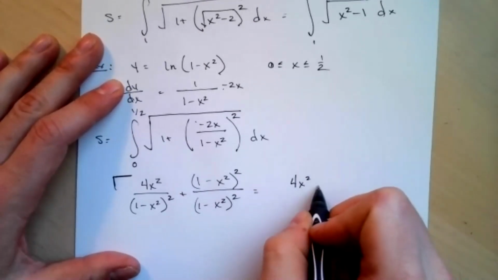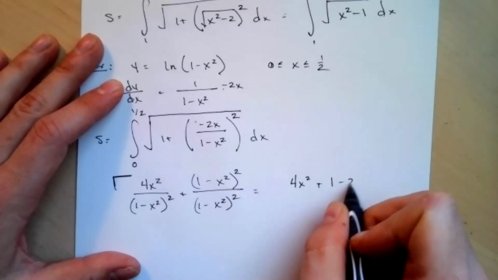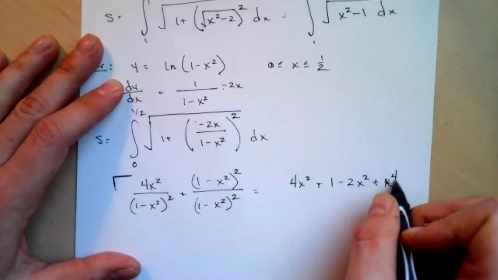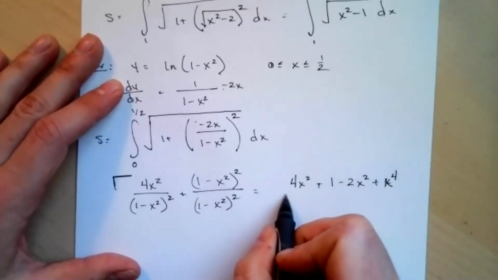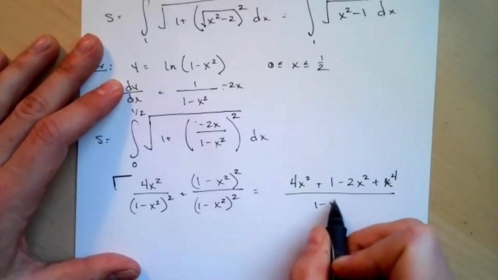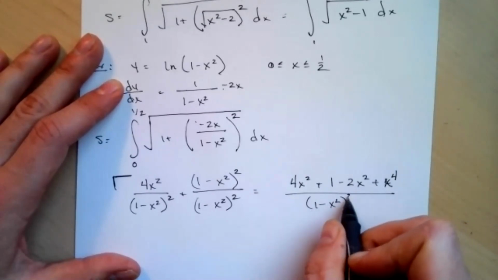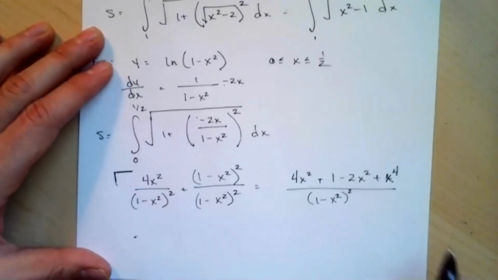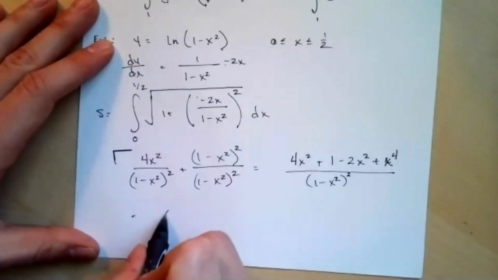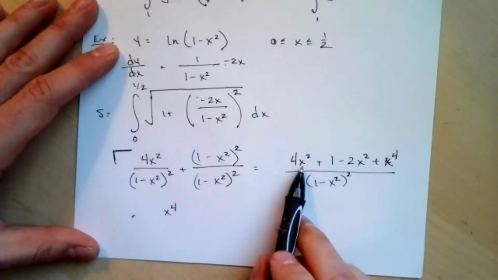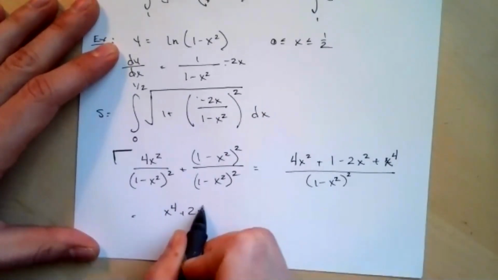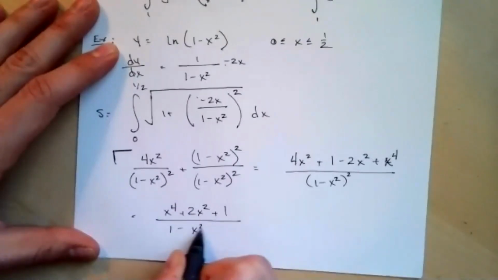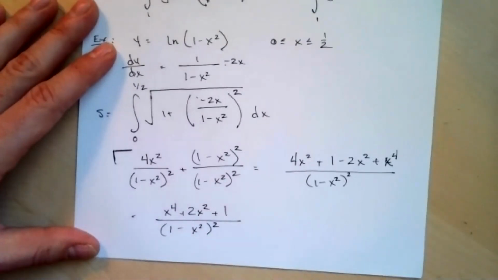So 4x squared, we will have plus 1 minus 2x squared plus x to the 4th. When we expand that out, all over 1 minus x squared squared. And so what do we get? We've got x to the 4th plus 2x squared plus 1 over 1 minus x squared squared.